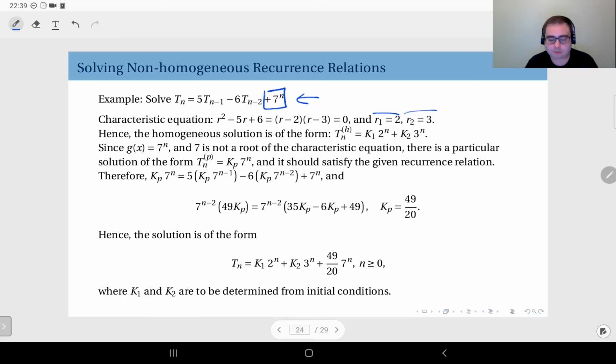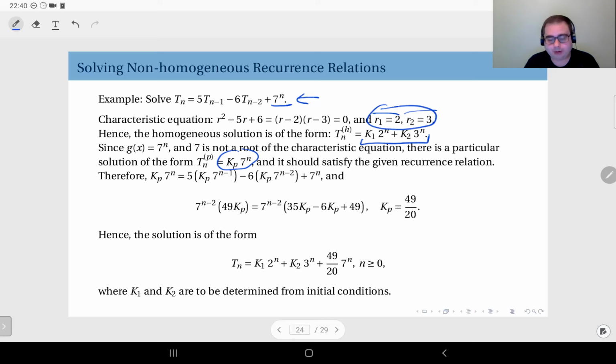Therefore the homogeneous solution is going to be of this form, having the components 2 to the n and 3 to the n. And since the non-homogeneous function here is 7 to the power n, and 7 is not among the roots of the characteristic equation, I will have a particular solution of the form Kp times 7 to the n.